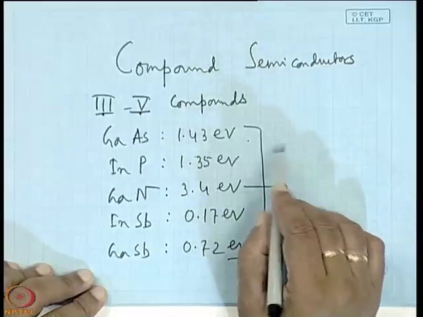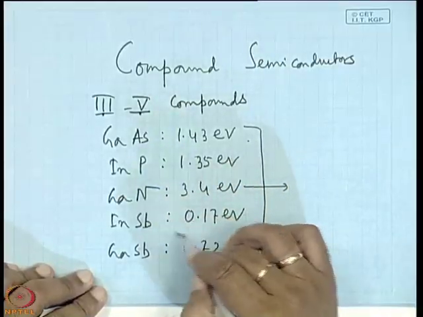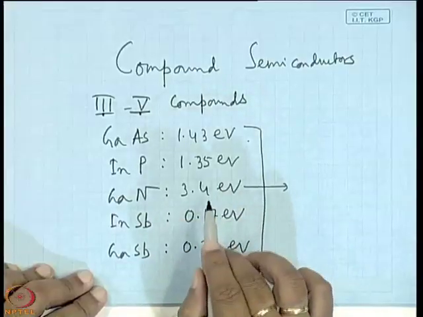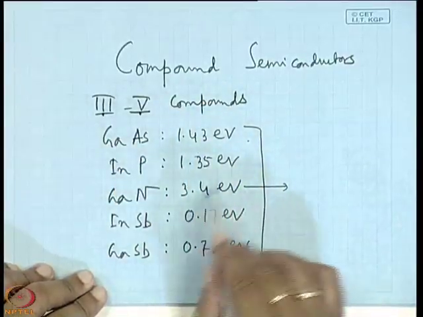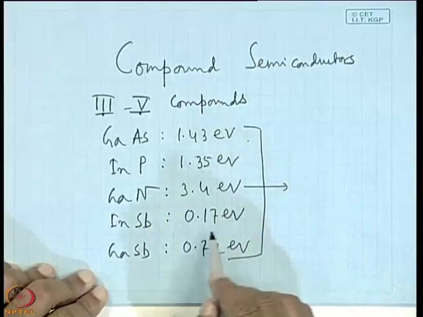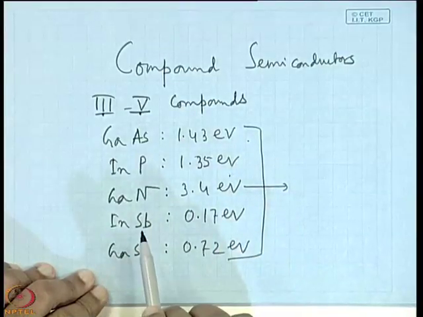So that means a large number of compound semiconductor materials are there in groups 3-5, which can give you emission in the region from far infrared to ultraviolet, say gallium nitride.